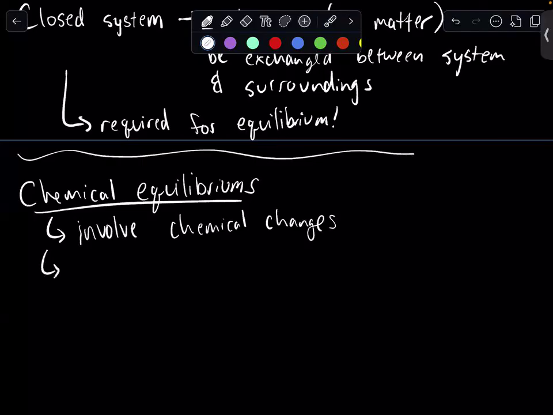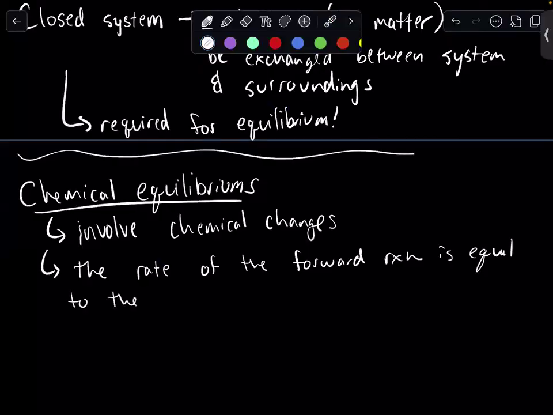And as we mentioned before, in this equilibrium, the rate of the forward reaction is equal to the rate of the reverse reaction, always.